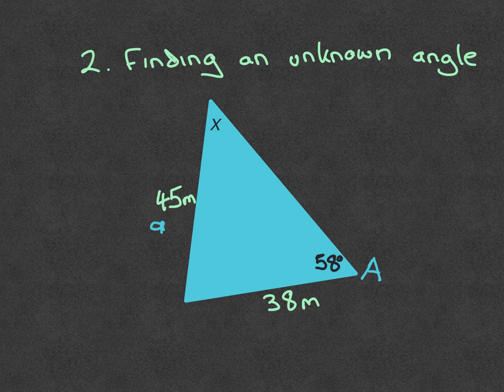So we can use the sine rule here. We're trying to find this angle X up the top, and we have the side that's opposite that angle X here, down at 38. So let's call this B, and this can be lowercase b over here.